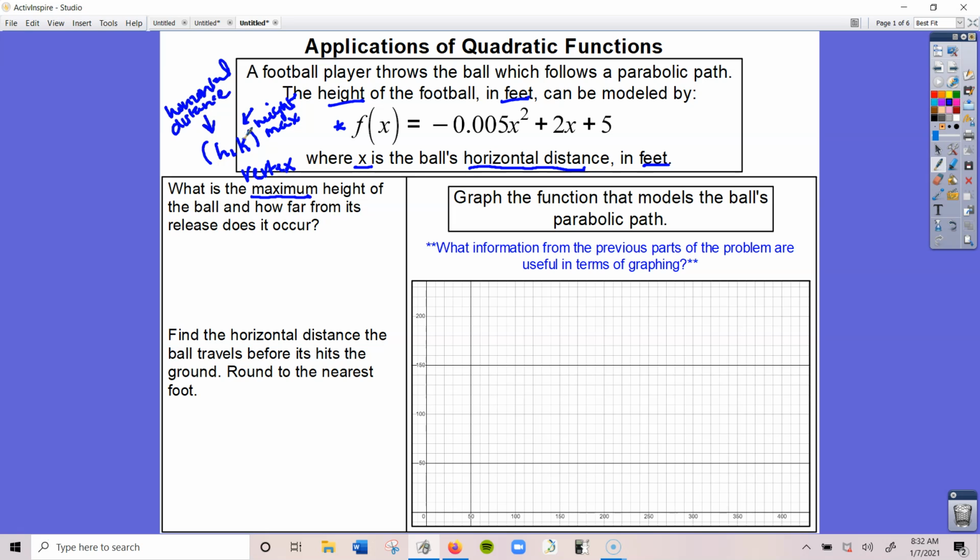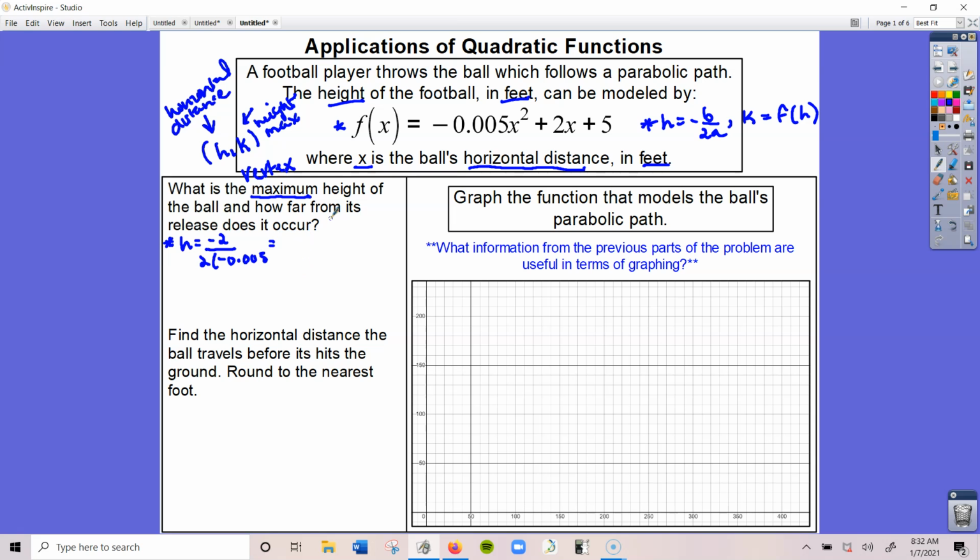Because if I know the coordinate of the vertex, then I know exactly how far the ball traveled before it reached its maximum height. As a reminder, in order to find h, we do negative b over 2a. And in order to find k, we plug h into f of x. So here we go, let's do h. Negative b, which would be negative 2, divided by 2 times a, which is negative 0.005.